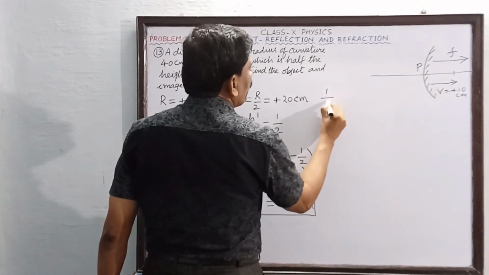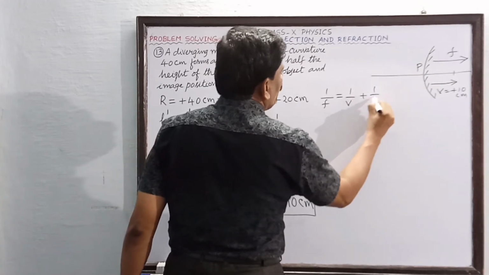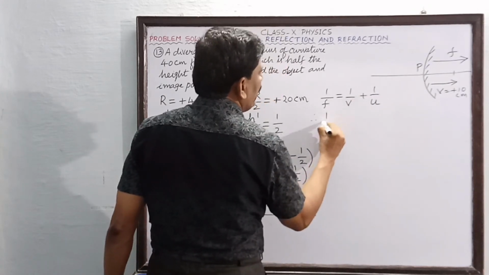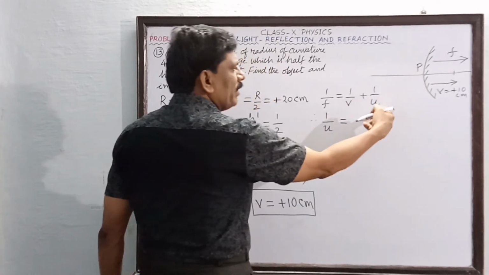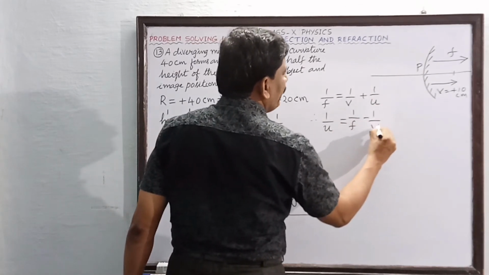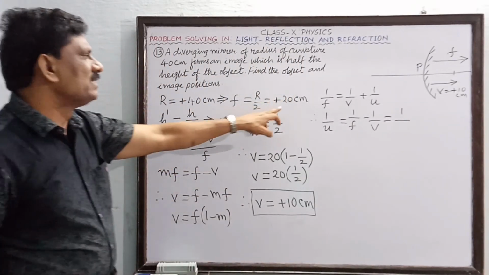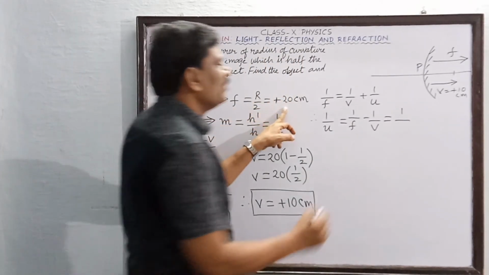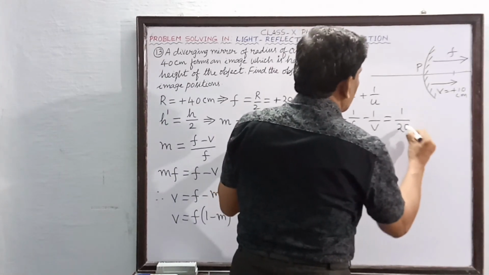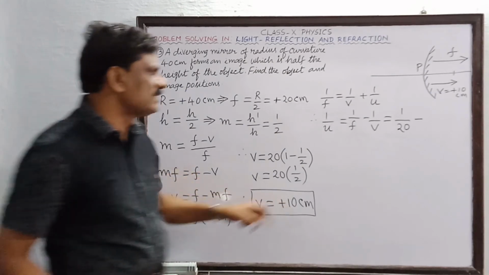Now from the mirror equation, 1 by f is equal to 1 by v plus 1 by u. Therefore we need 1 by u is equal to 1 by f minus 1 by v. F is how much? It is 20 centimeter. So this is 1 by 20 minus 1 by v. V is 10.